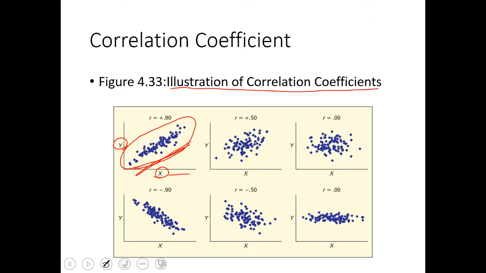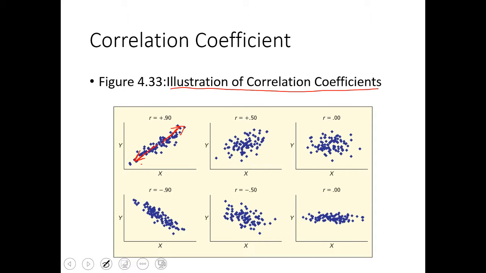That means when x is increasing, then y is increasing, so we have this direction. When x is decreasing, then y is also decreasing. So in the first figure, these two data x and y are very highly correlated. When x goes up, y goes up together. When x goes down, y goes down together.